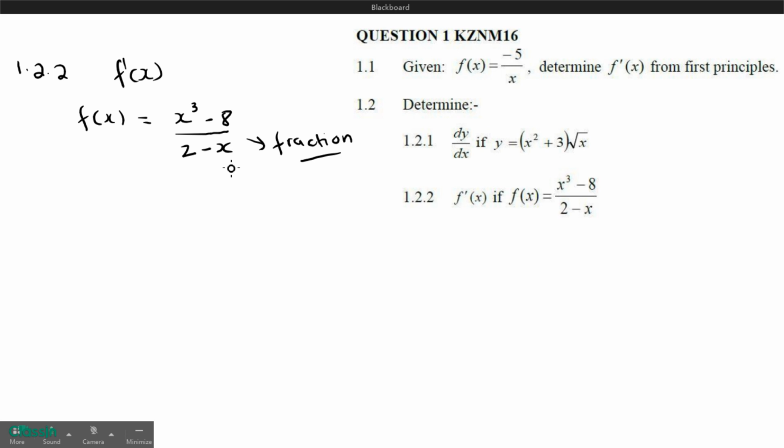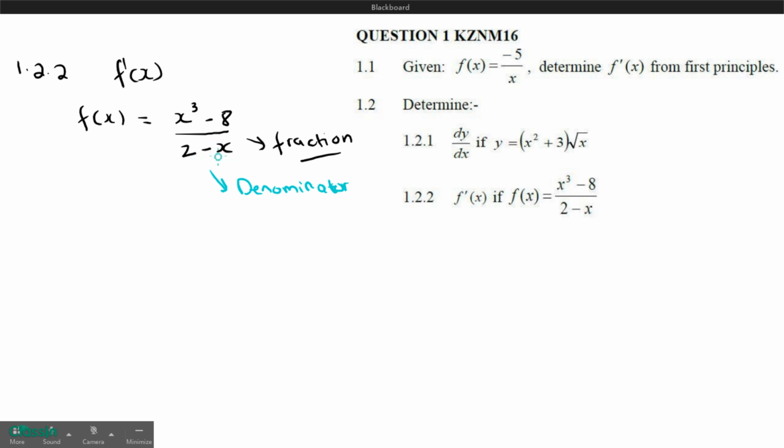So when we have a fraction, it means that we need to work it out in a manner that it will be linear. So let's check what is it that we have and what is it that we need to do. If you check the denominator, our denominator is not written in a standard form because it says 2 minus x.